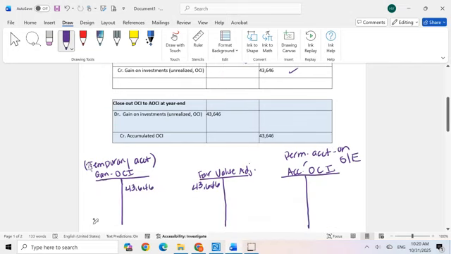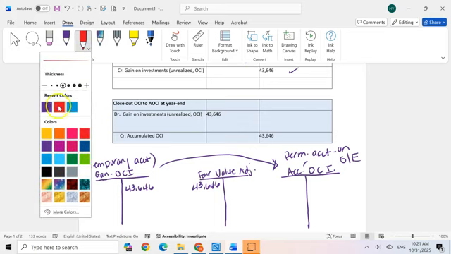What happens at the end of every period, and we'll just call it year end, is we have to close out this OCI gain, closed out into the accumulated OCI account. So let's see if I can just make this into red.